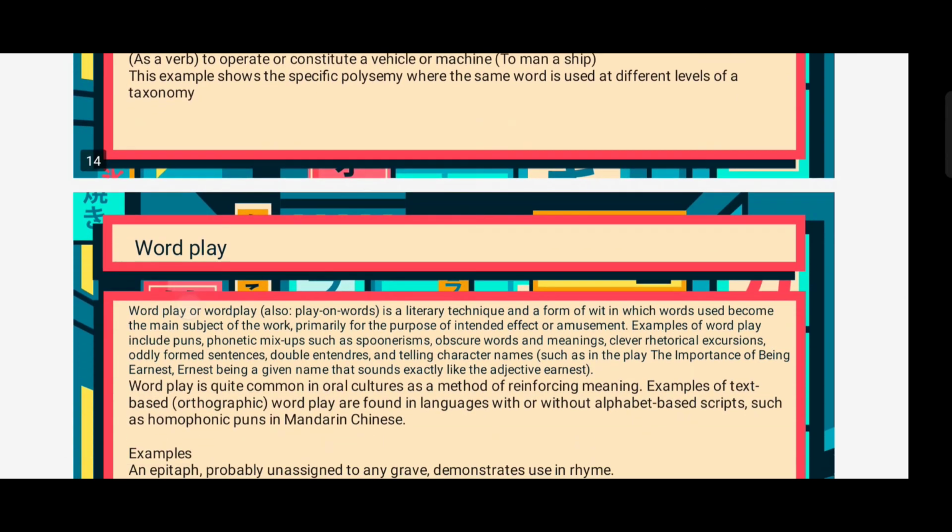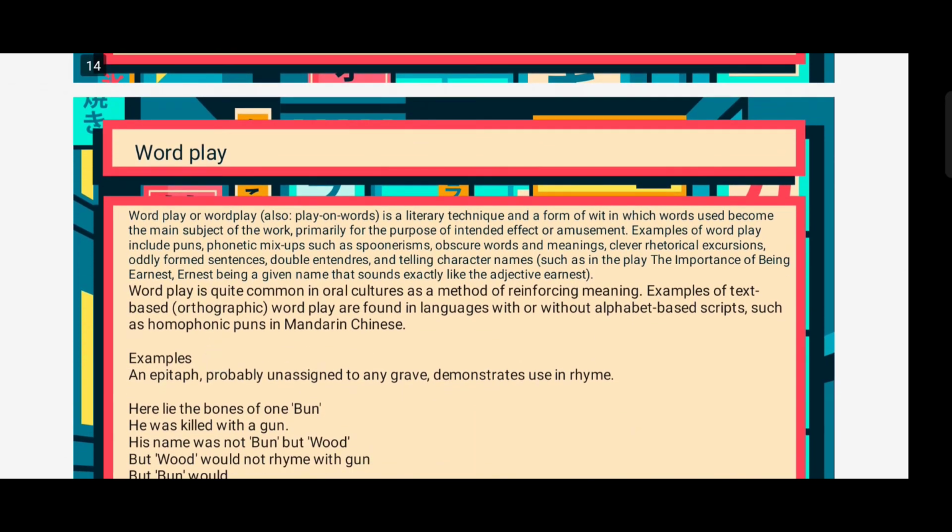Okay, next we will talk about wordplay. Wordplay, also play on words, is a literary technique and a form of wit in which word use becomes the main subject of the work, primarily for the purpose of intended effect or amusement.